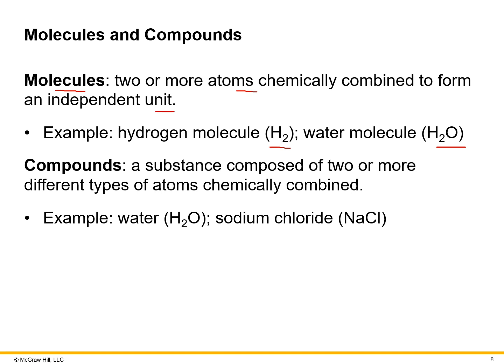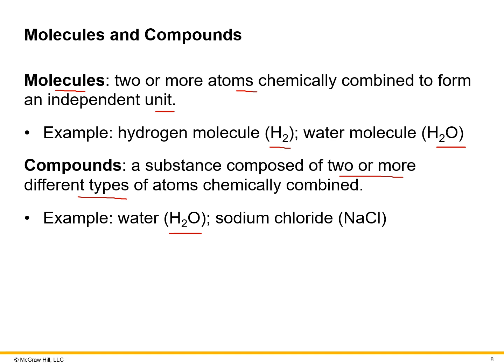Now compounds are substances that have 2 or more different types of atoms that are bound together. So for example, water is an example of a compound because it has oxygens and hydrogens. So here you see water can be both a molecule and it can be a compound.